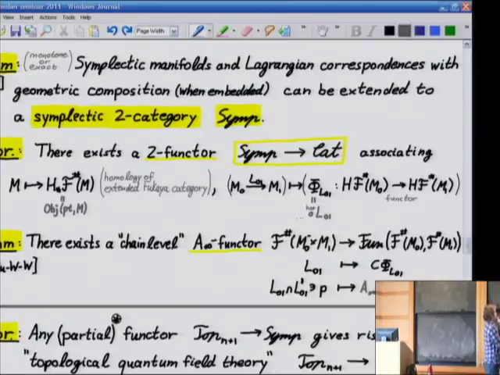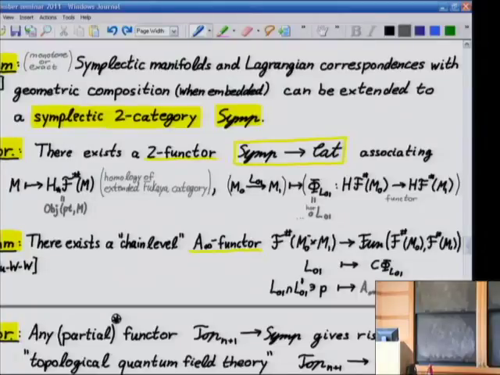So that's this guy. And then at some point we prove the corollary of this. But I recently learned that when you have a 2-category, it automatically comes with a 2-functor from the 2-category to the 2-category of categories.